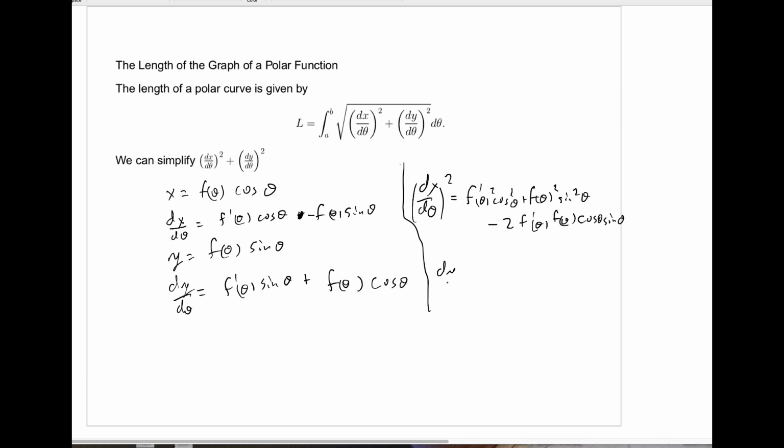Similarly, we can write dy d theta squared as the square of the first term here, which is f prime of theta squared sine squared theta plus f of theta squared times cosine squared theta. And then we add the cross term, which is twice f prime of theta f of theta, and we'll have a cosine theta times the sine theta.